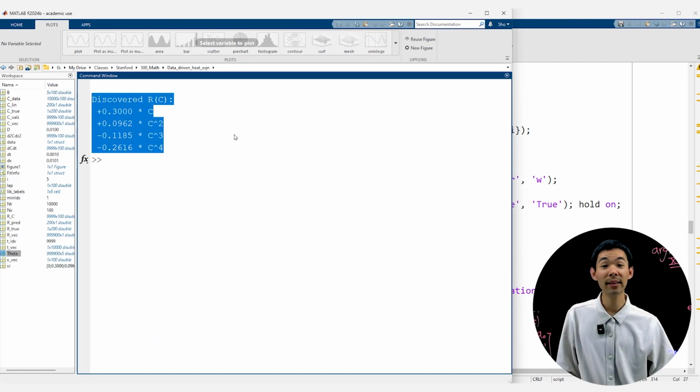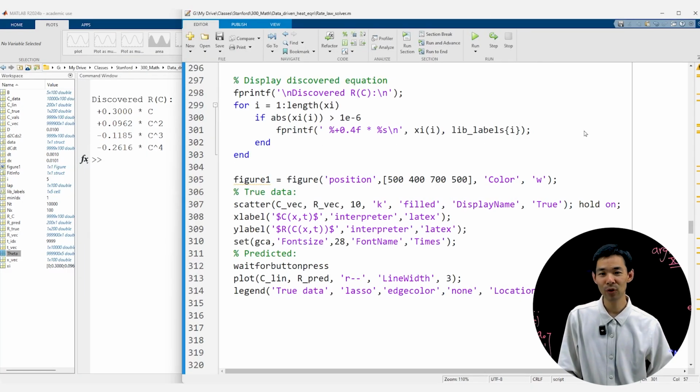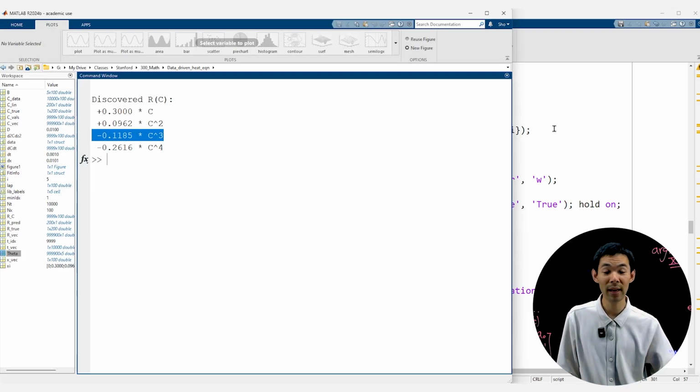The discovered rate equation has a linear term c, a c squared term, c cubed, and a c to the fourth. So it doesn't really capture the true solution. Again, the real solution is c squared (1 minus c). So it should only have c squared, and it should have negative c cubed. That would be the true answer.